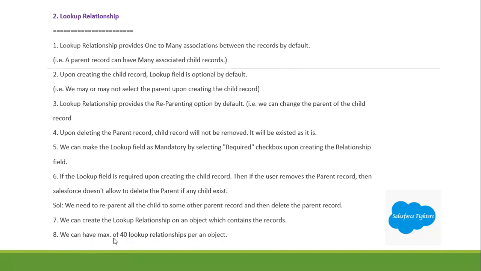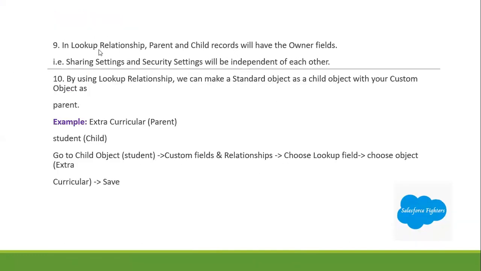Next, we can have a maximum of 25 lookup relationships per object. Next, in lookup relationship, parent and child records will have their own owner fields. Sharing setting and security setting will be independent of each other.